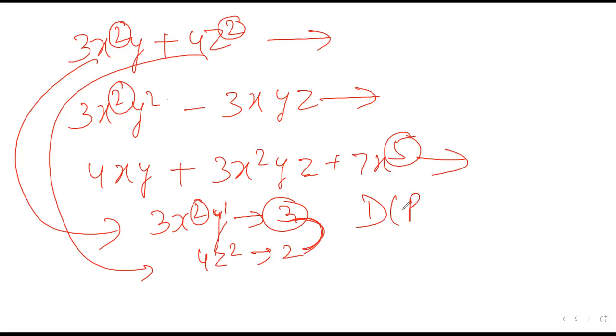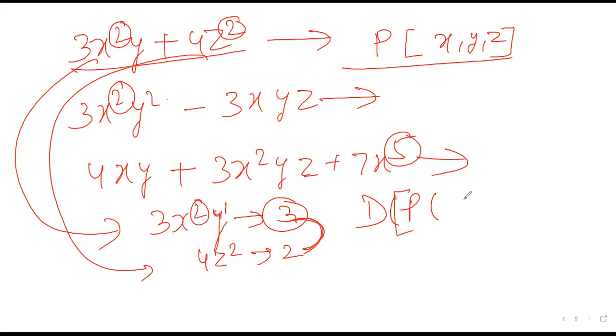So how to write the degree of the polynomial? The polynomial is written as P over x comma y comma z, because this is the mathematical representation of the polynomial. We are using 3 variables. That's why this polynomial is represented as P, where P stands for polynomial and the variables in the bracket are those used in the polynomial.